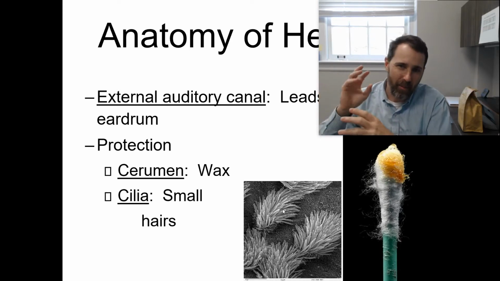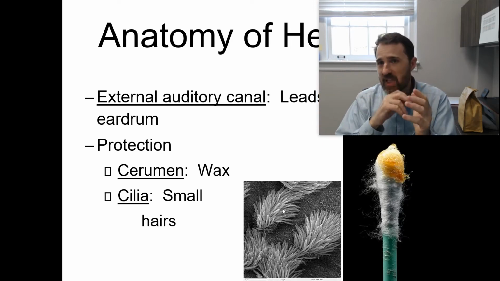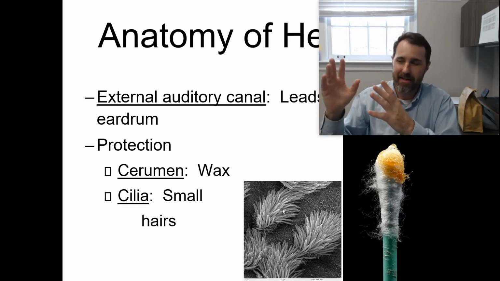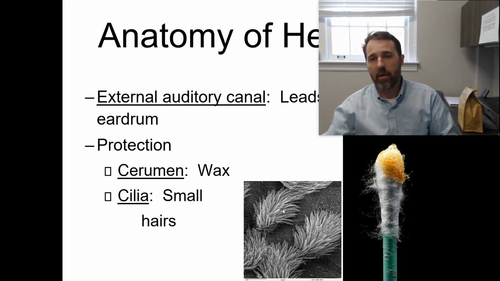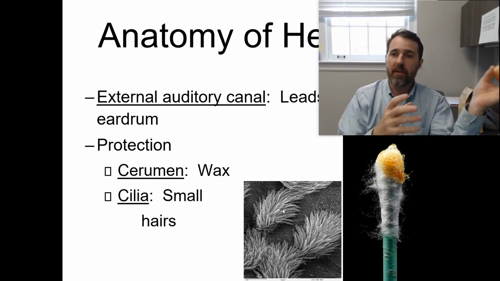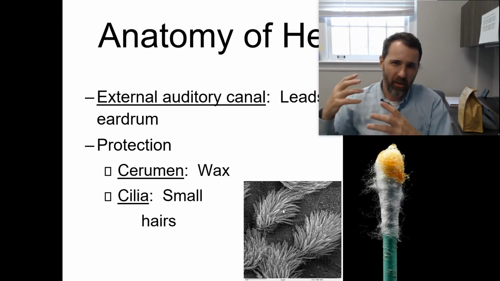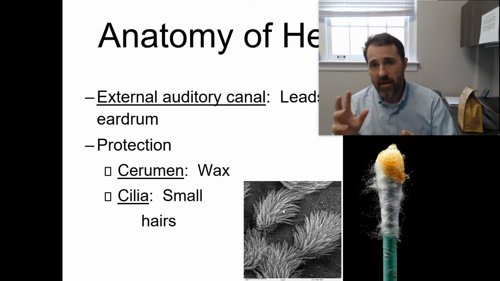And so any particulates that get into your ear canal, the ciliated tissue of your ear canal is waving out, trying to pass that particulate from one to the other, like that, trying to clear the ear canal of any foreign matter, of any foreign particulates.